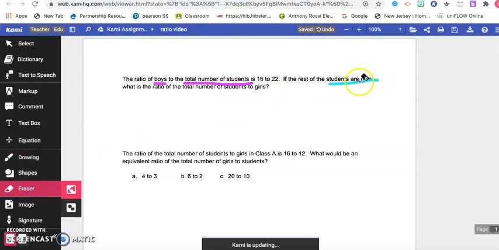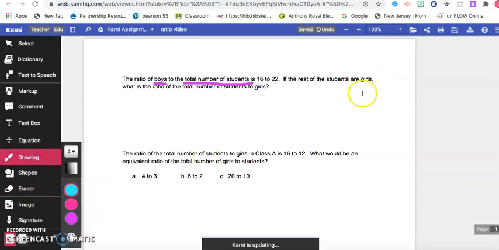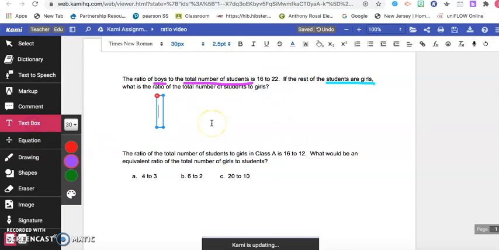So, let's think about this for a minute. We have boys, which are 16, so there's 16 boys, and 22 total in the class. If the rest of them are girls, then we need to think about how many girls are in the class.